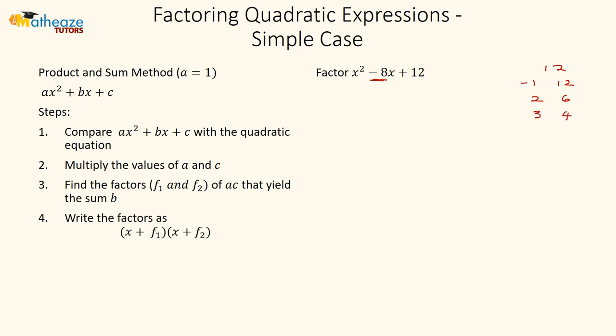So both have to be negative. So which of this set of negative pairs will give us negative 8? It's going to be this right here. So we open up our parentheses, x minus 2, x minus 6.